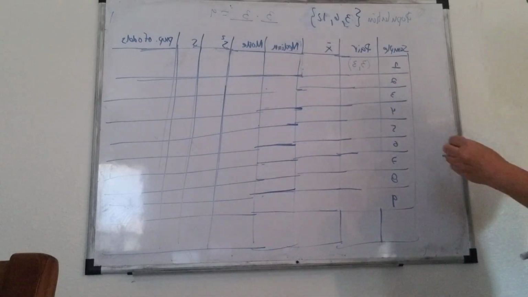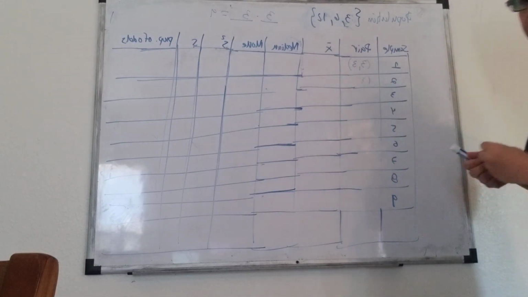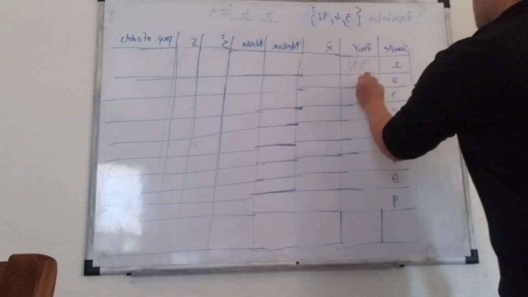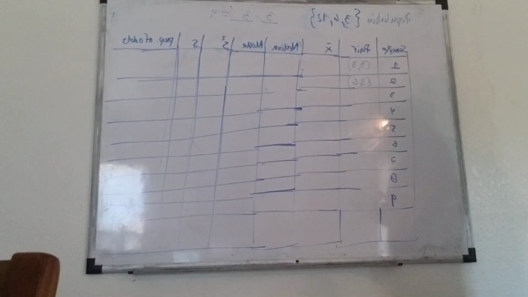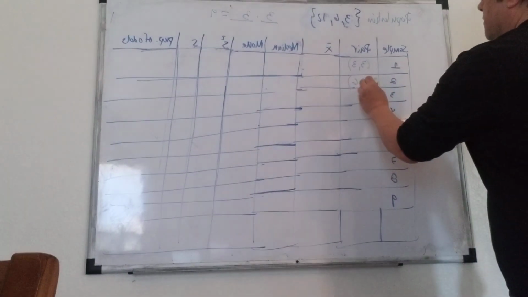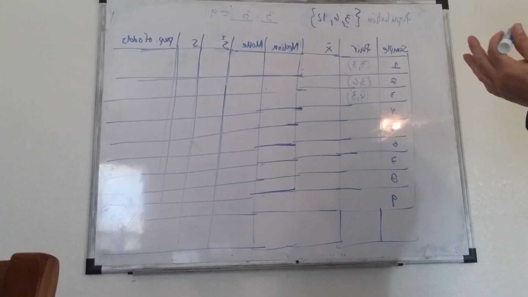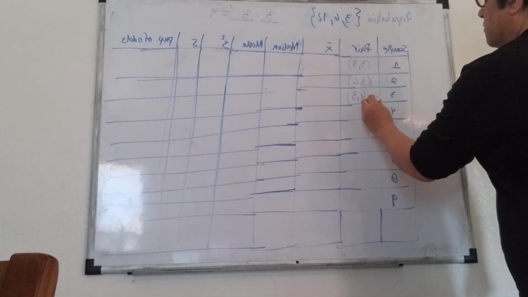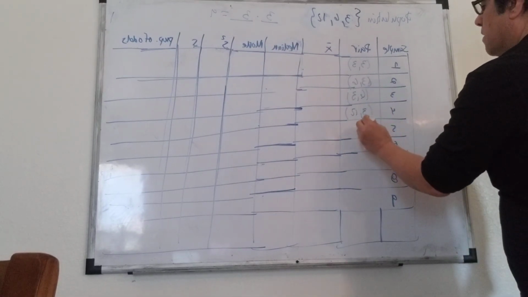Suppose the numbers are perhaps 3 and 6. Now, the order matters in this case. So I'm going to put the value 6, 3 as well. That's another possible pair. Let's put the numbers 3 and 12, and then reverse it to be 12 and 3.